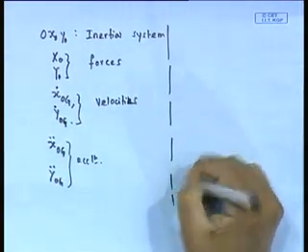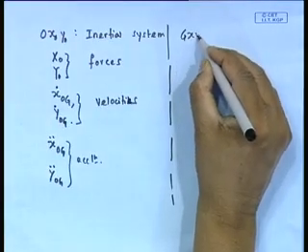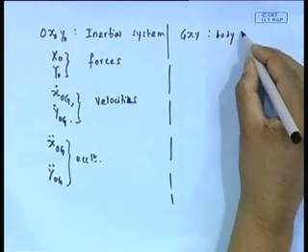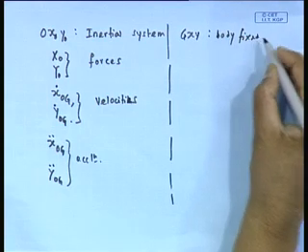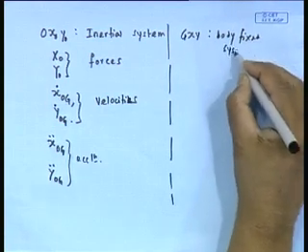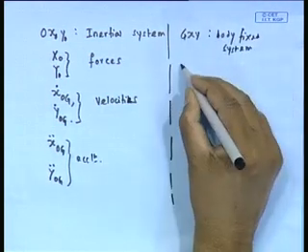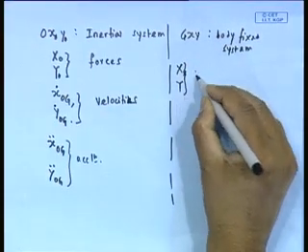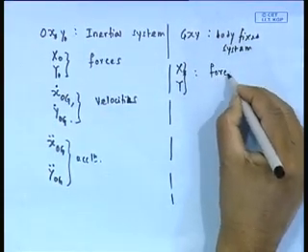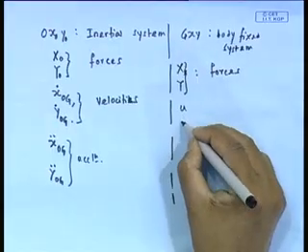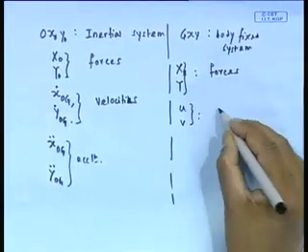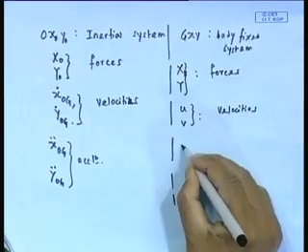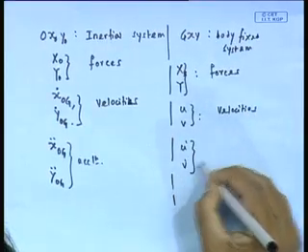Now, G x y is the body fixed system. I define X and Y as forces, u and v as velocities, and u dot, v dot as accelerations.